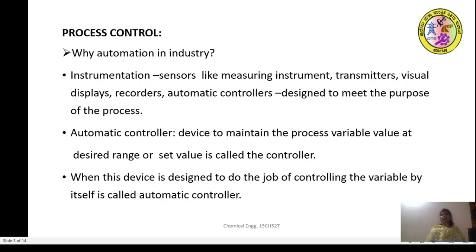So why automation in industry? In any industry, automation is very important. Why is it very important? Even at the household level, we want everything to be automatic.